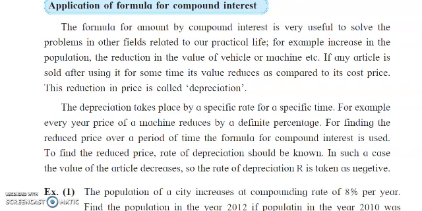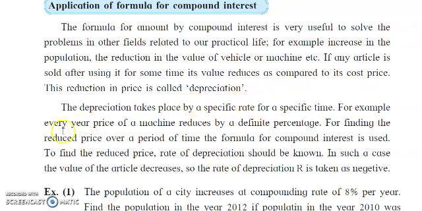Its rate will be decreased while selling it after 1 year because you have used it for 1 year. If it is sold after 2 years, then its rate will be further reduced, and if you want to sell it after using it for 3 years, then again its rate will be decreased. So this reduction in the price is known as depreciation.